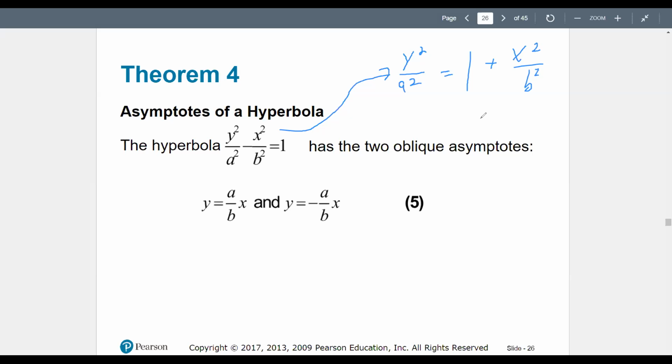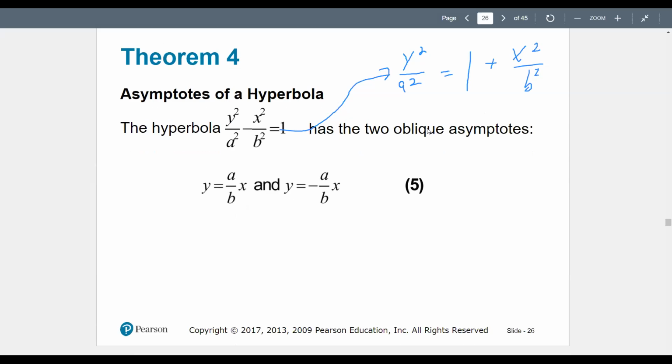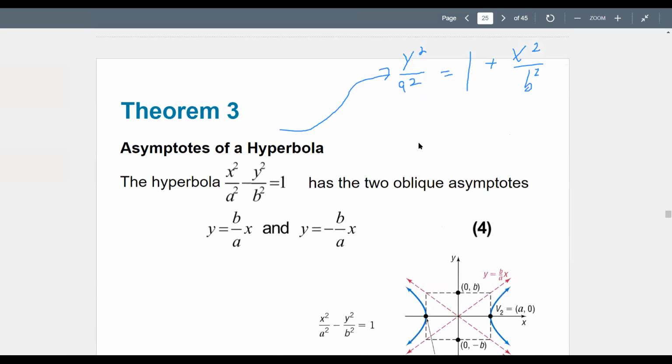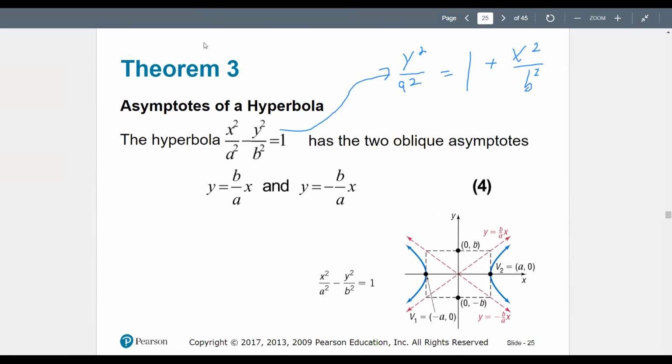I guess technically we're solving for this one and proving it. Apologies. So that changes these.